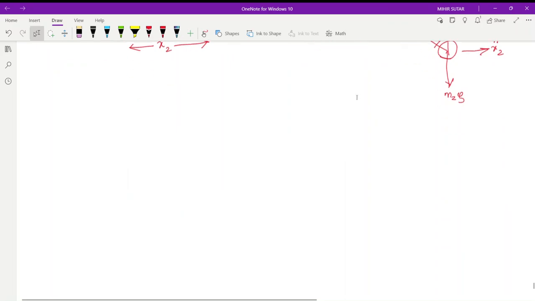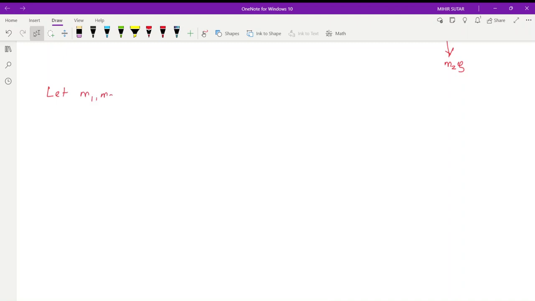Now let m1 and m2 are the mass of two balls respectively, L1 and L2, respective length of strings, you can say.